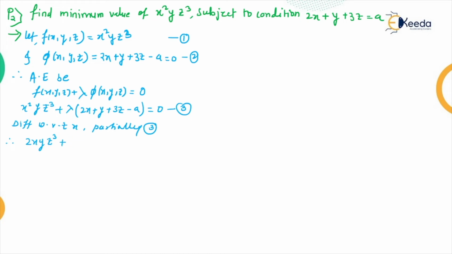Lambda is a constant, the derivative of 2x is only 2, and y, z and a give 0, so it becomes 2 lambda equals 0. Eliminating lambda, lambda equals minus x y z cubed. For reference we call this equation number 4.